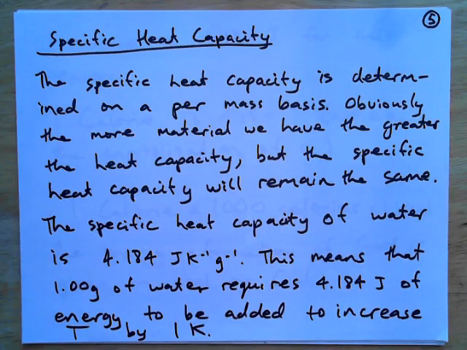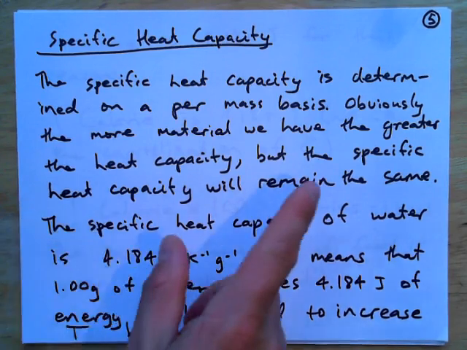But you can then look at it on a per gram basis, which means you'd have a look at the material, work out how much it weighs, and then you could see what the heat capacity would be on a per gram basis. The specific heat capacity is more relevant in a lot of chemical reactions, but there are other situations where just the heat capacity is useful.